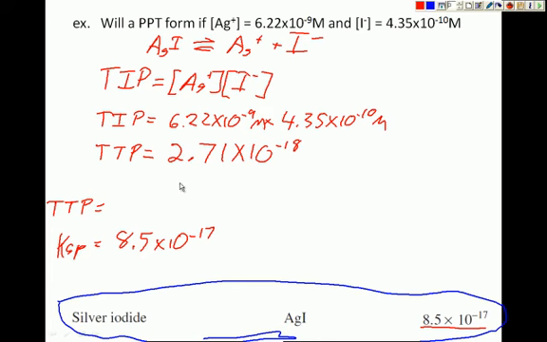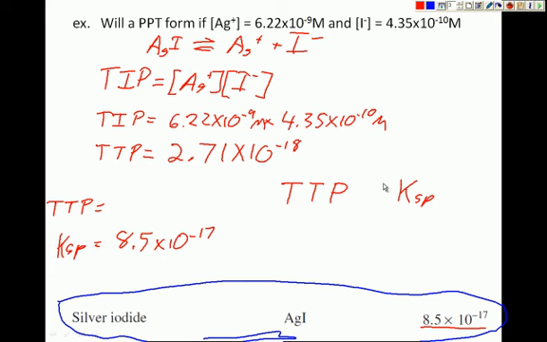We're then going to compare our trial ion product to our Ksp. Here our trial ion product is 2.71 times 10 to the minus 18, which is a smaller number than 8.5 times 10 to the minus 17.